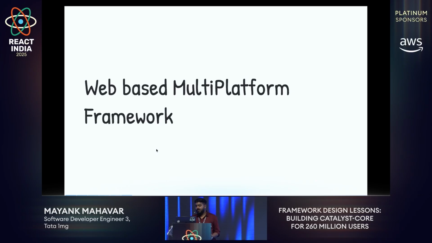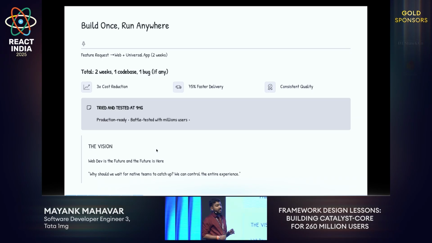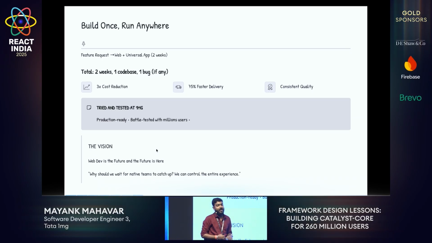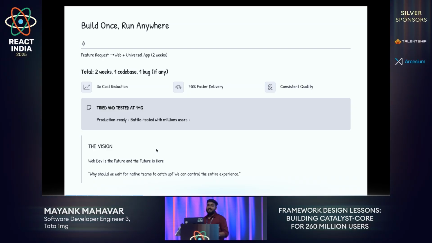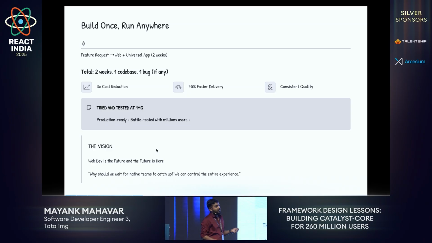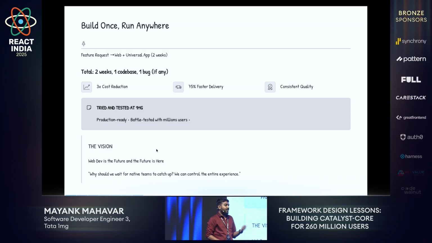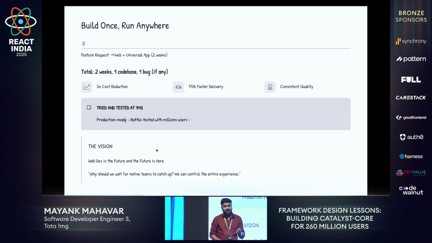Being said that, what I'm trying to say is I will build it once and I'll make sure that it will run anywhere, right? And what will I gain from it? Initially, I was taking 8 weeks in that scenario. Now I have 2 weeks. In the 2 weeks, I have my web app, and at the same time my universal app that gives me a single code base.